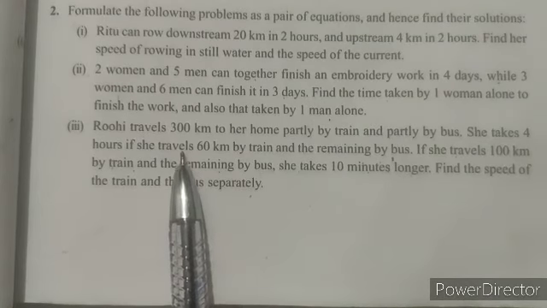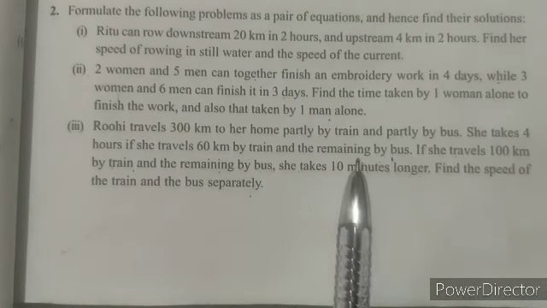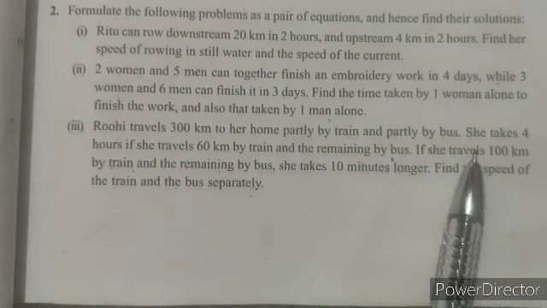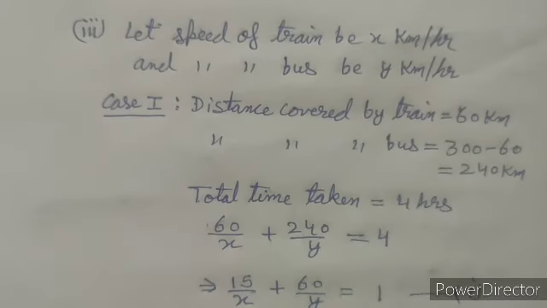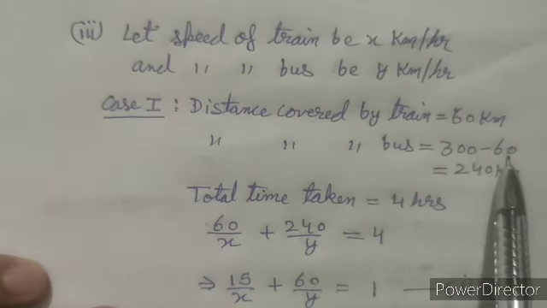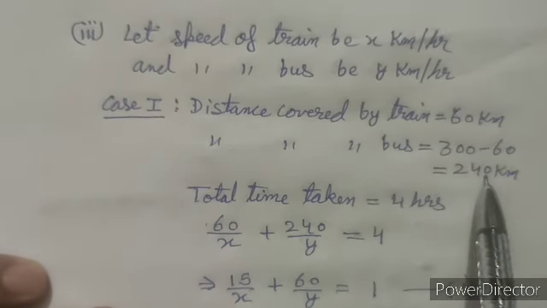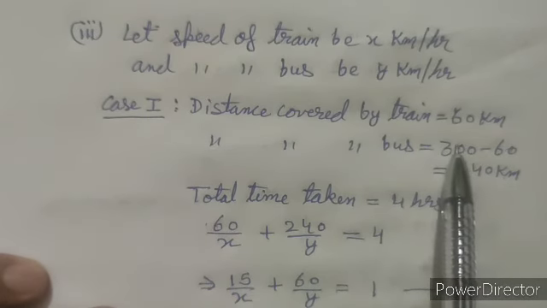In case first, the distance covered by train is 60 km and the remaining distance is covered by bus, and the total time taken is 4 hours. So the distance covered by bus will be 300 minus 60, that is 240 km, as the total distance covered was 300 km.